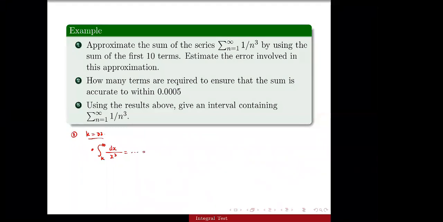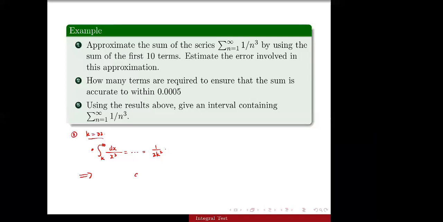So just write the details. This is 1 over 2k squared. Which means that if I replace k by k plus 1, I just again have this guy here, but with k plus 1 there. Okay?